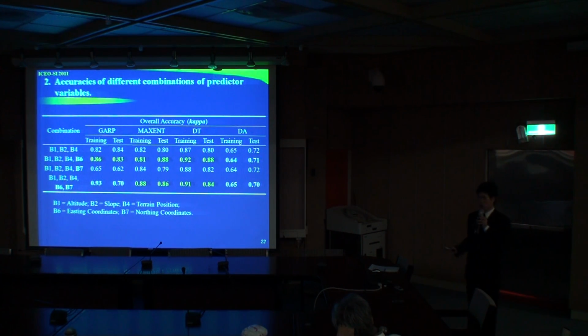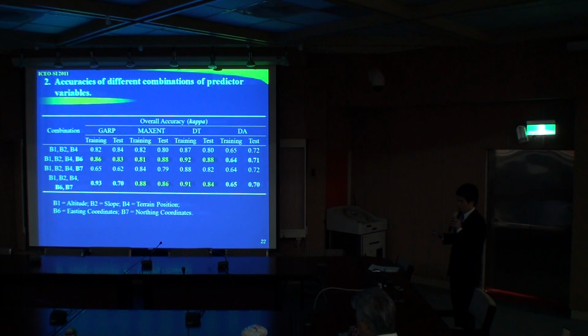We build the model based on the altitude, slope, and terrain position three factors, and adding in the best model, the accuracy of GAP, MaxEnt and DT is nearly the same.